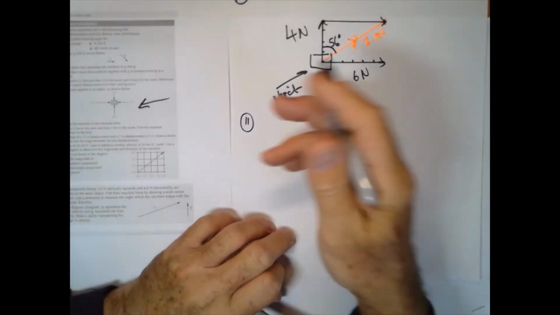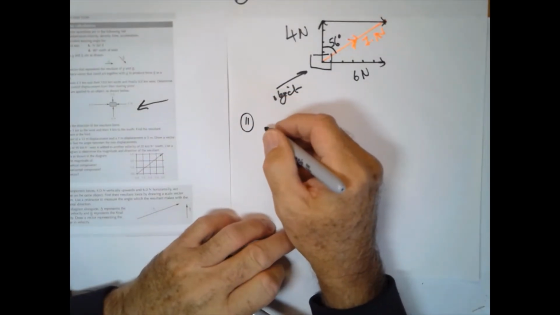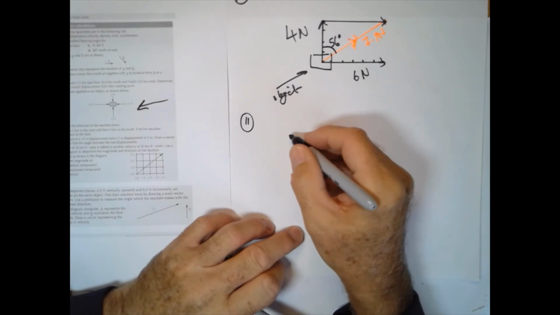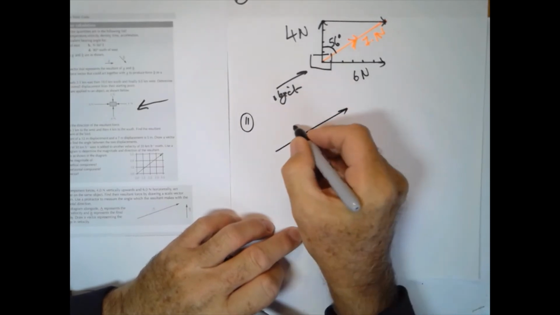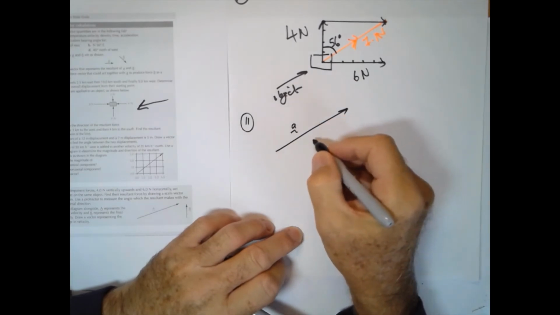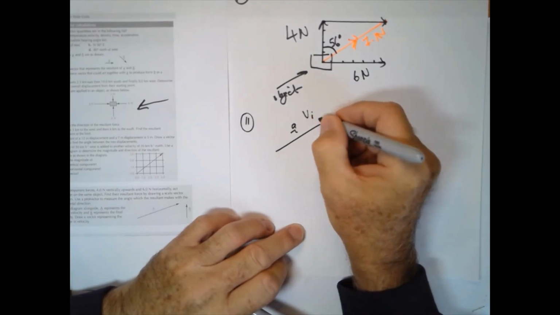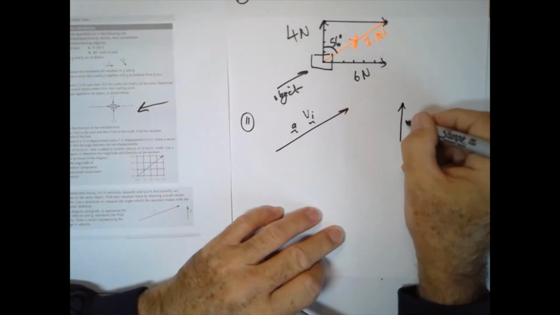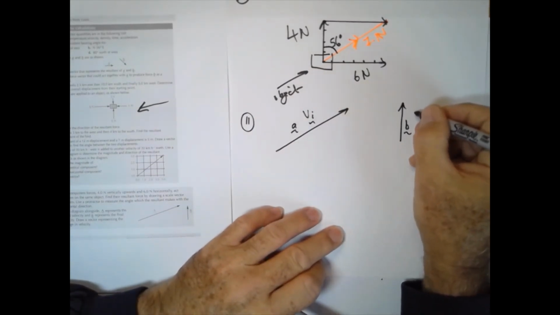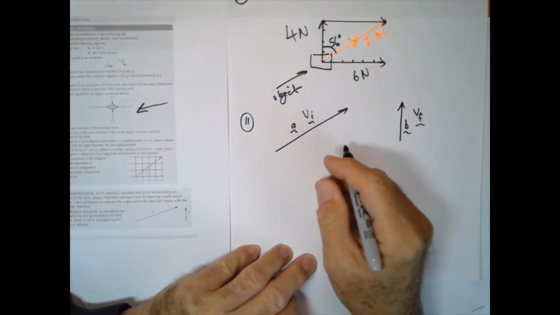Number 11 is one of my favorite ones, again, the change of velocity. So we've got a vector here which represents the initial velocity, v initial, and we've got the second vector, b, which represents the final velocity, and we have to draw a vector representing the change of velocity.